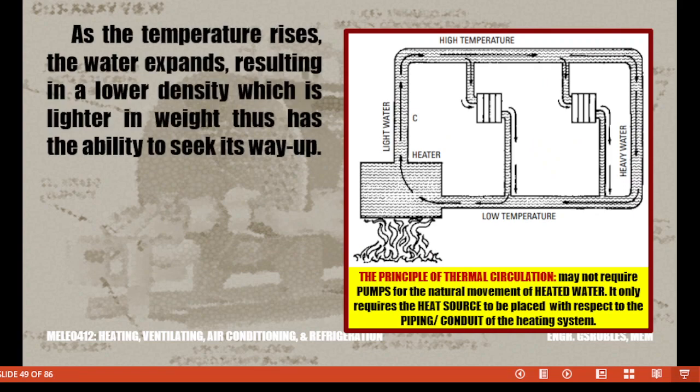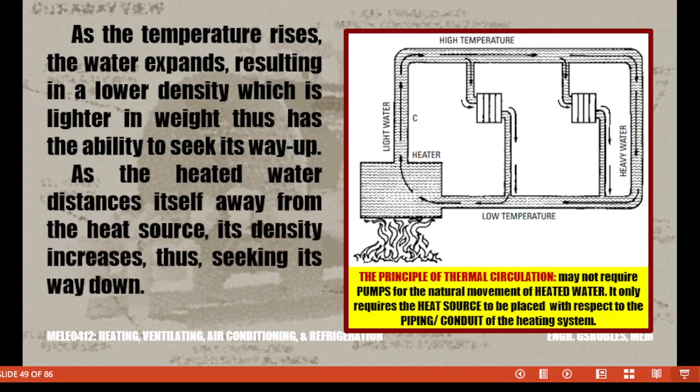So when water is heated, its density decreases, thus it is lighter and is able to move upwards. As it moves further, its density increases, thus it is heavier. So naturally, magsisink siya which is downwards. So yung difference in densities promotes a natural circulation process known as convection currents.